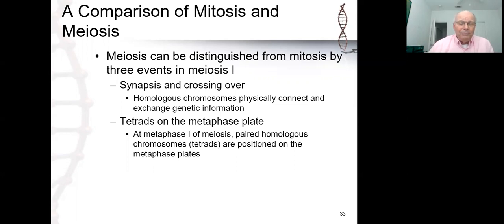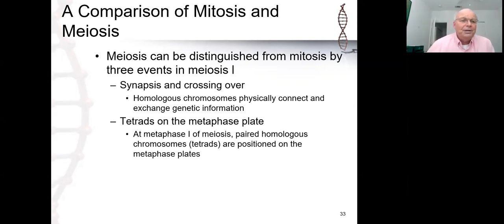Then when we're looking at metaphase 1, you're actually going to see the homologous pairs lining up on the metaphase plate, what are referred to as tetrads. So another way of referring to the homologous pairs, certainly as you see them in the microscope, is as a tetrad. Of course, tetra means 4.